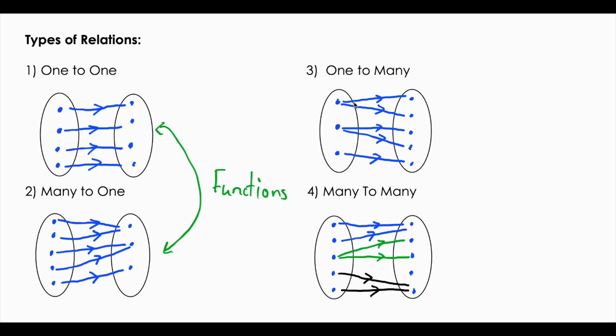Now if you look at the flip side here, we have one input producing 2 outputs. Okay, so that's a problem here. So this is why these 2 here are not functions, because one input produces multiple outputs, whereas for a function, the outputs are unique. Okay, so we can only get one output from a particular input.